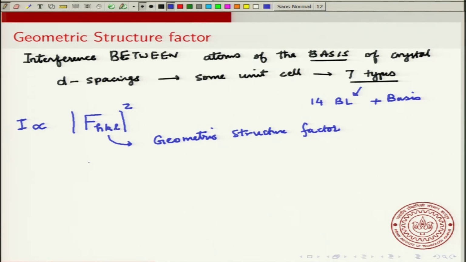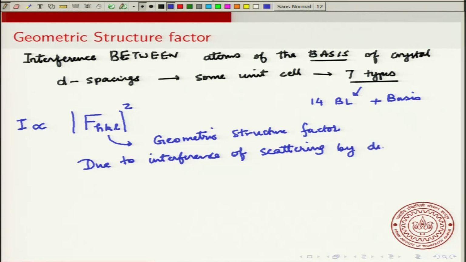So, this is due to interference of scattering by different atoms in the unit cell.